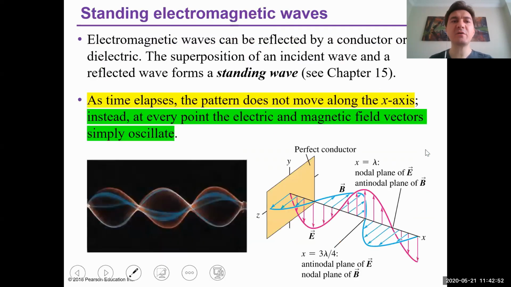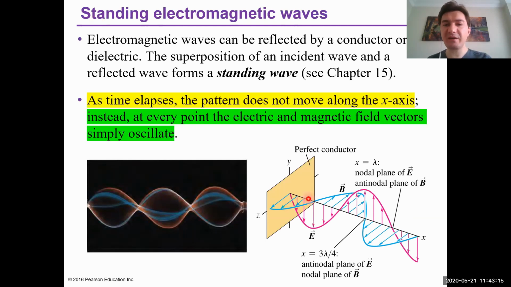So then let me continue with the standing electromagnetic waves. This is the last subsection of that chapter, and it also has very important applications. The most widespread application is microwave ovens. I will also talk about this.